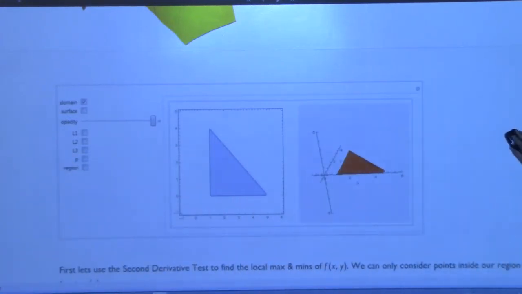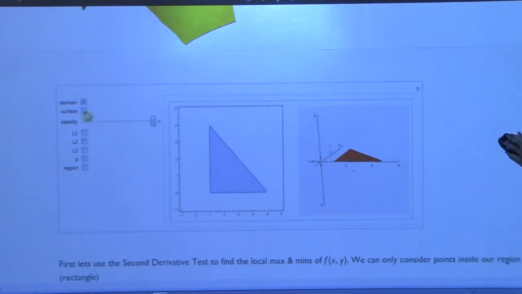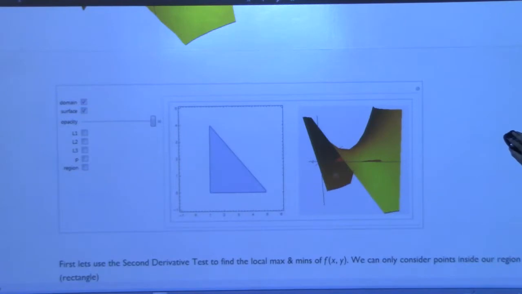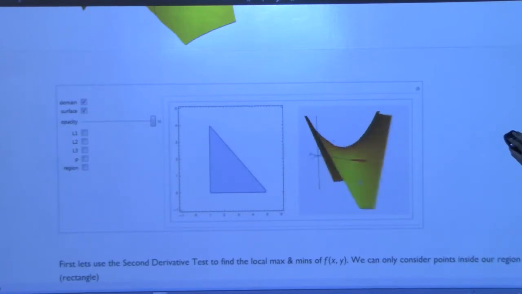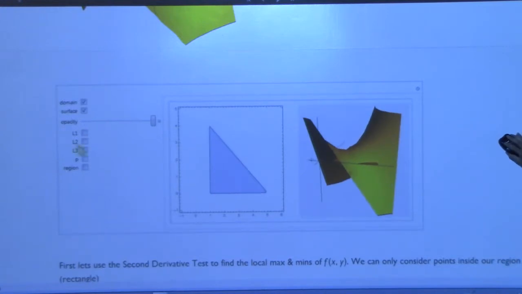So if I take just the points on this triangle and I plug them into the surface, here's the surface, that's the whole surface. But if I just plug the points in the triangle into that, we're talking about just that part of the surface. Let me bring the surface out of here now.